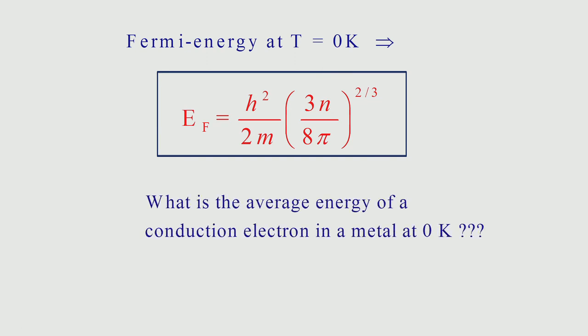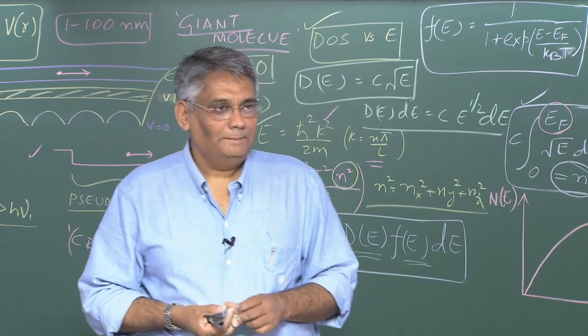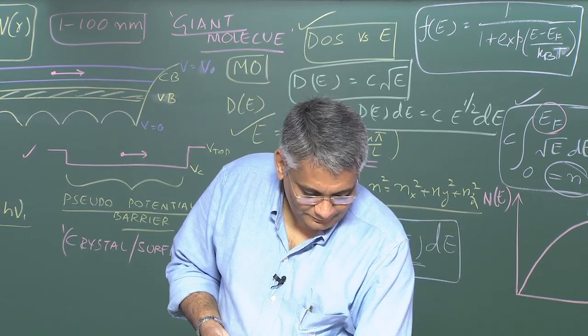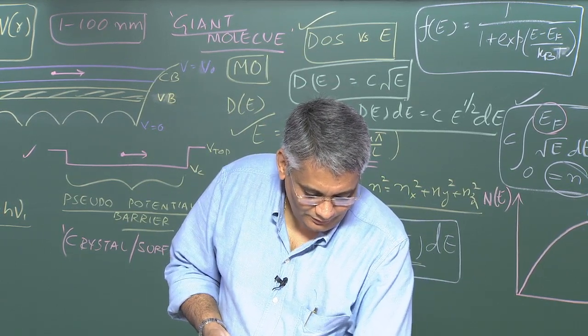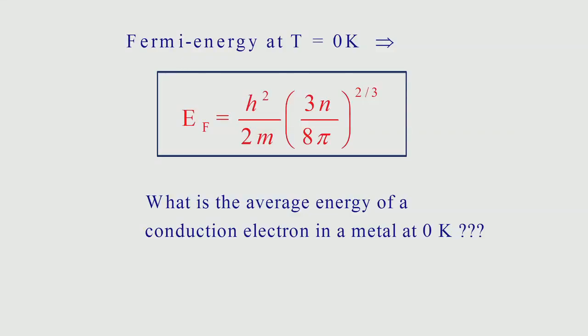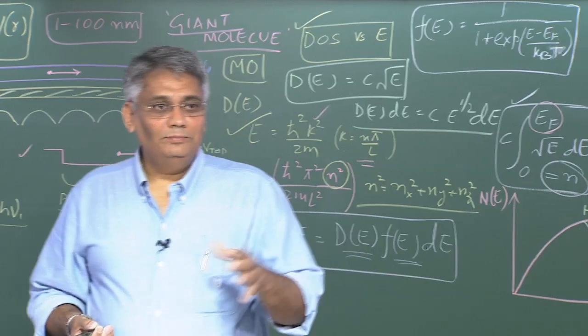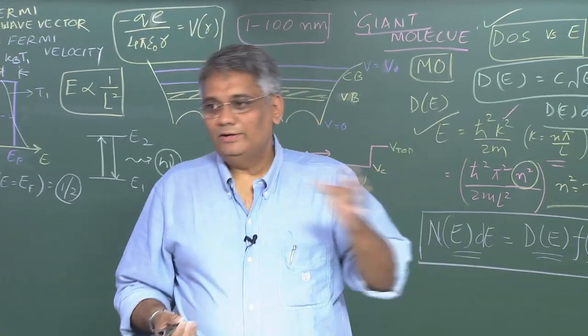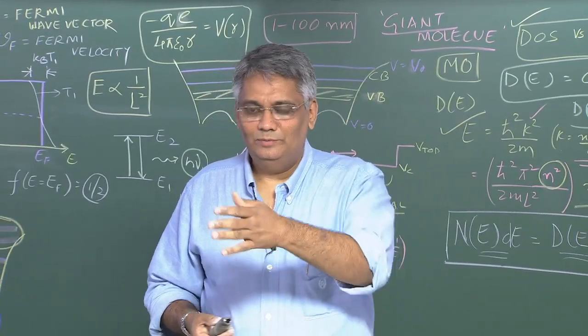So what is the average energy of a conduction electron in a metal at 0 Kelvin? We have seen that yesterday. That's a big question always, no? You can calculate it now. What you require is N, and the Fermi energy, which typically for metallic systems ranges from 5 to 9 electron volts. That's the example we took yesterday.